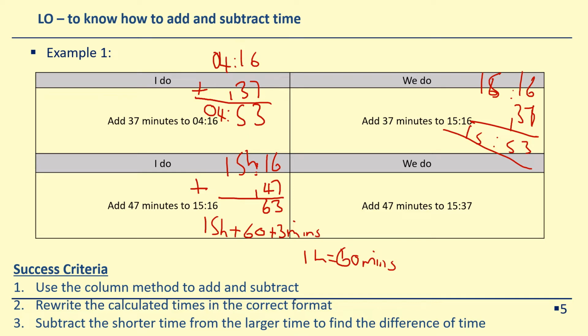If you do 15 hours plus 60, that's going to give you 16 hours. And you've only got to add the 3 minutes. That's easy enough. You're going to end up with your final answer in digital time format, 16:03, and that would be your final answer.